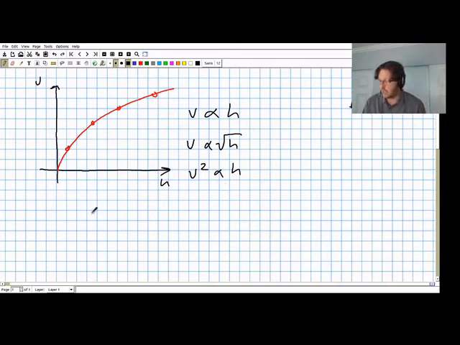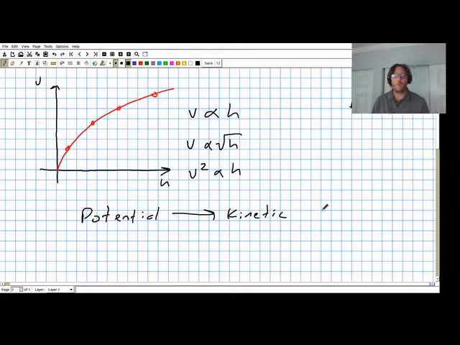So you're taking potential energy and turning it into kinetic energy. And what we're seeing in this relationship in the data is basically the relationship between the potential energy up at the top, which is in the form of the height, and the kinetic energy at the bottom, which is in the form of the velocity.